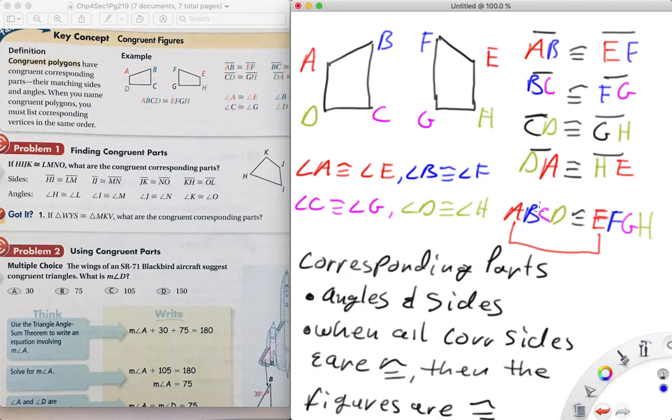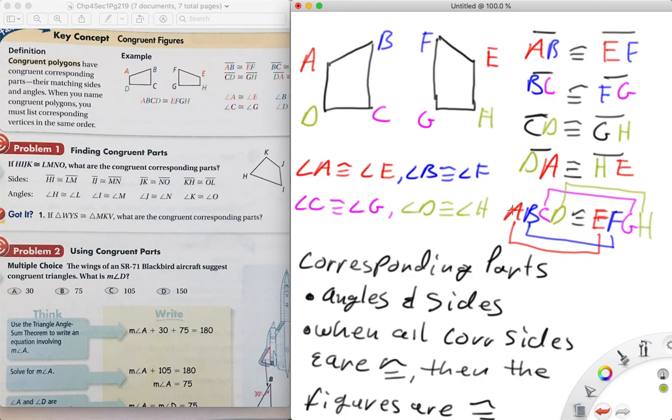B corresponds to F, so if B is second, F has to be second. C corresponds to G, so since C is third, G has to be third. And D corresponds to H. I have to have them aligned in an order such that the corresponding angles line up next to each other.